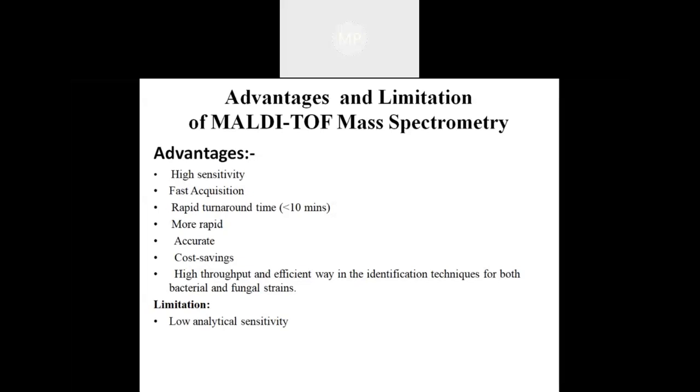But the limitation of this technique is that it has a low analytical sensitivity. It means it is not going to distinguish between two specific bacteria, suppose E. coli and some related families.